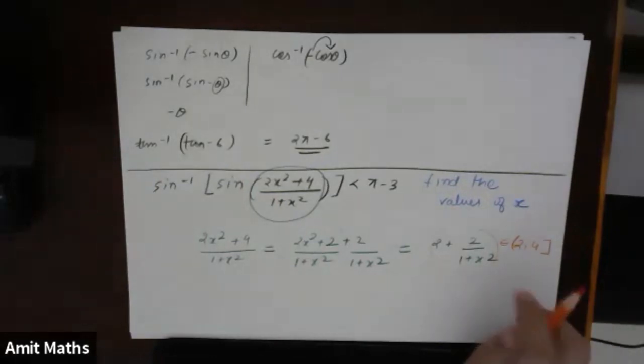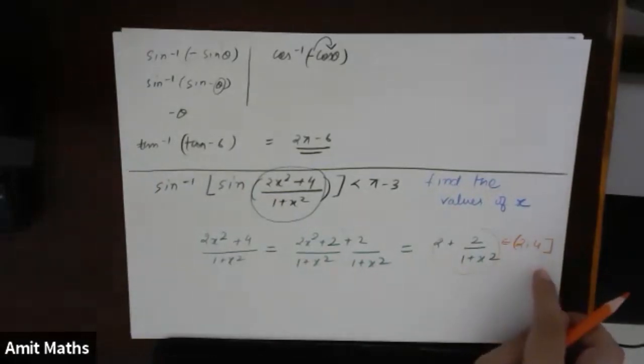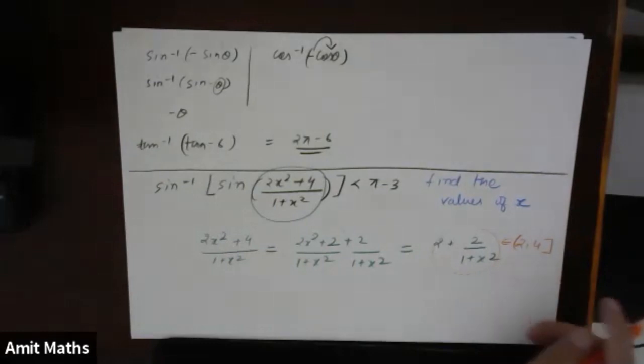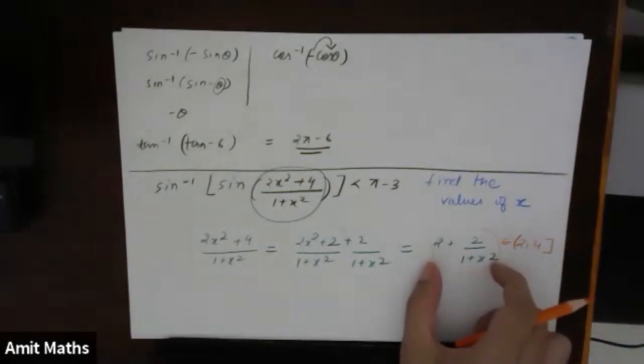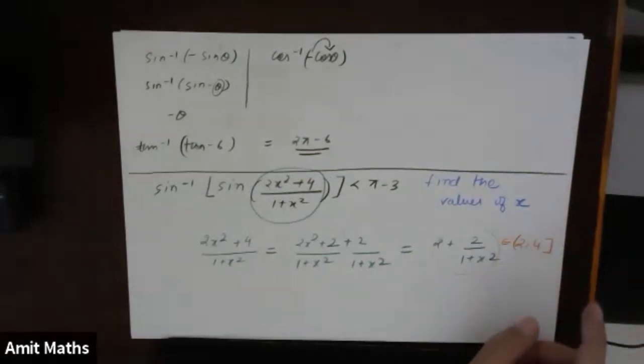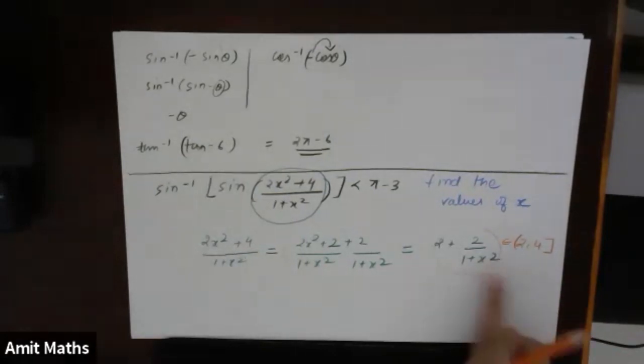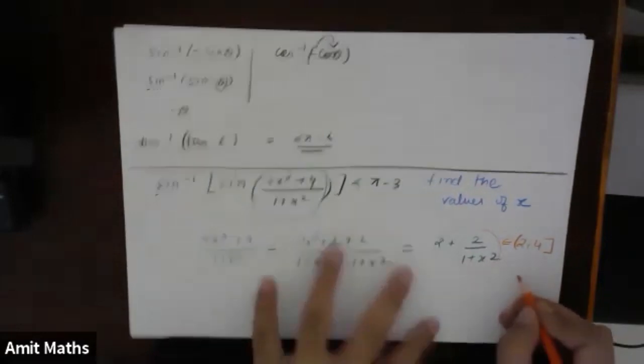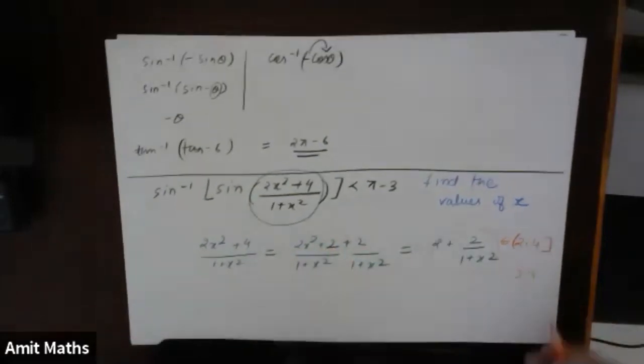Very good, right? Now if this total thing lies in 2 to 4, that means this will be closer to pi, because pi is 3.14, right?